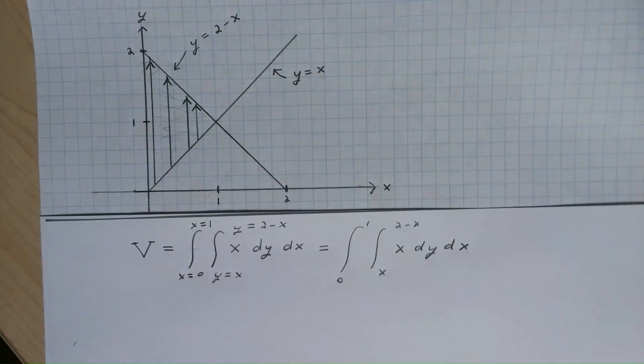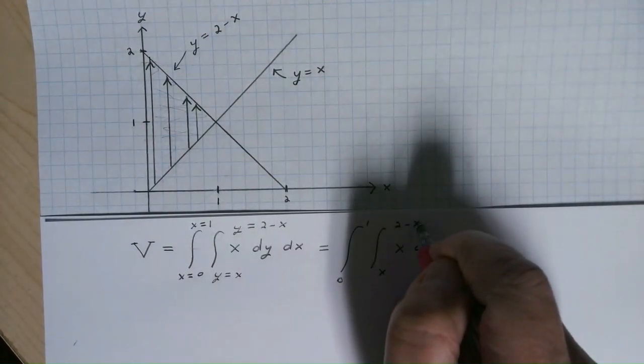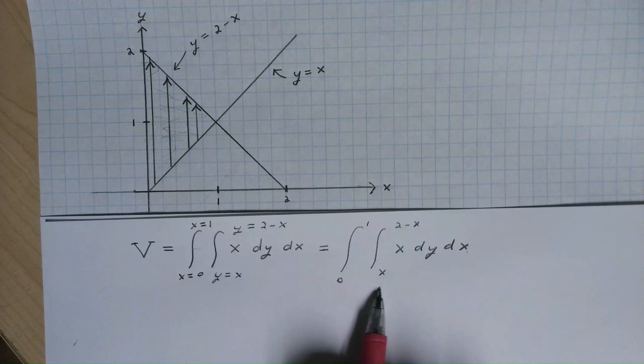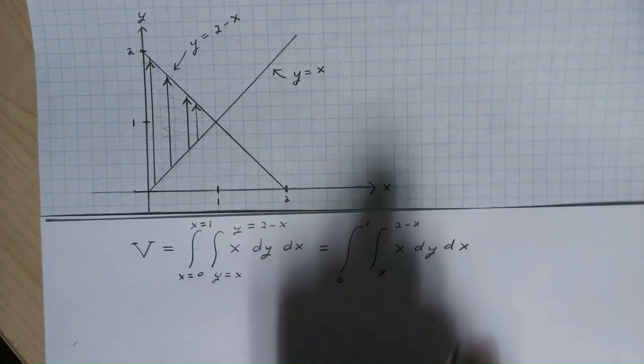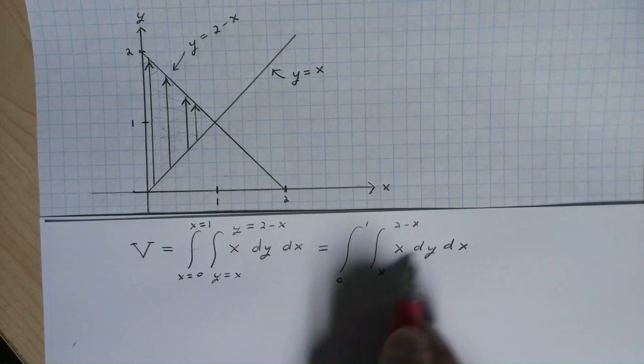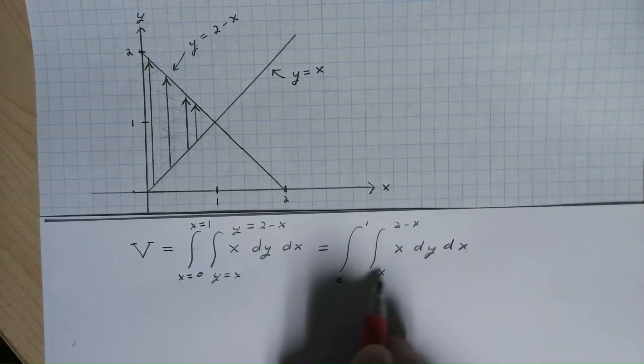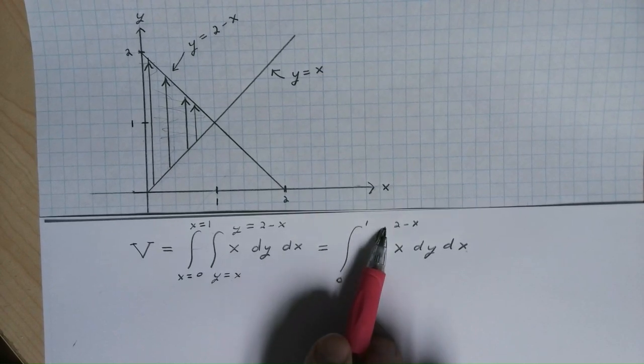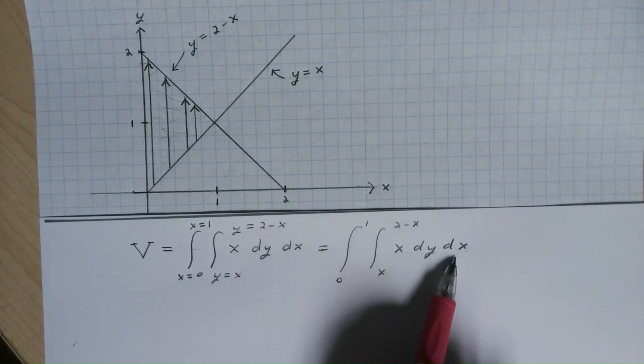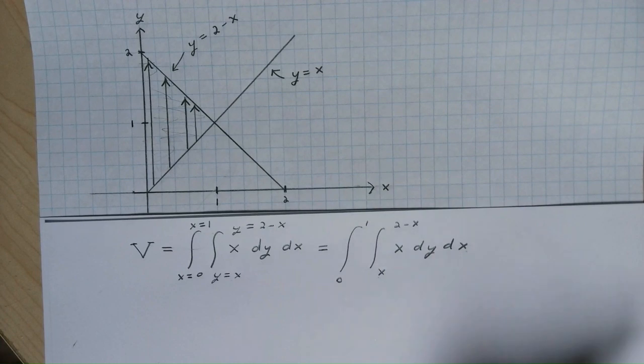Remember, when you're using just this notation, you can tell that this is y equals x because this goes with the inner dy. So it's y equals x to y equals 2 minus x. And then for the outer one, it's x equals 0 to x equals 1.